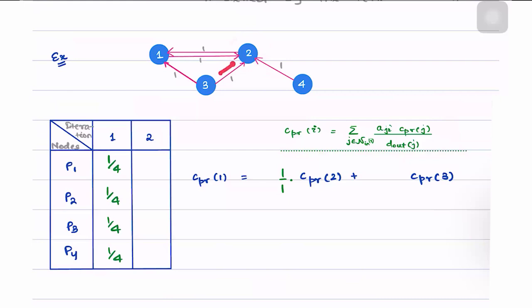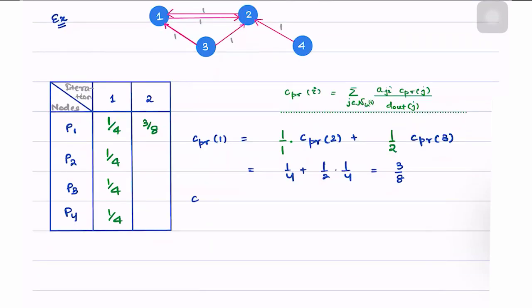Node number 3, as we can see, has 2 out-neighbors, meaning we divide this by 2. What does this become? It simply is equal to CPR2, which is 1 by 4, plus half of CPR3, which was also equal to 1 by 4. So this adds up to 3 by 8. We write the value 3 by 8 here.